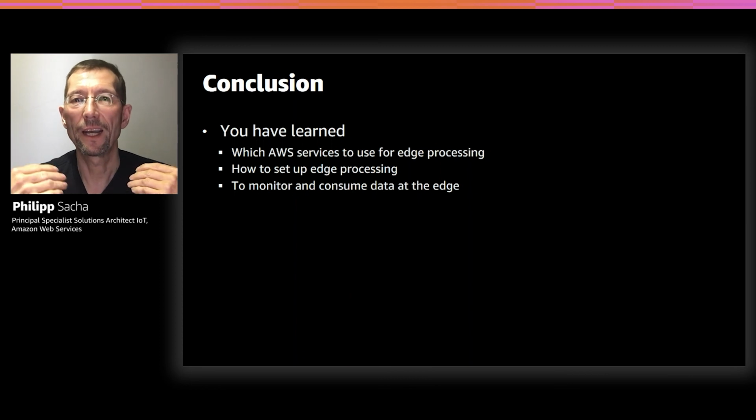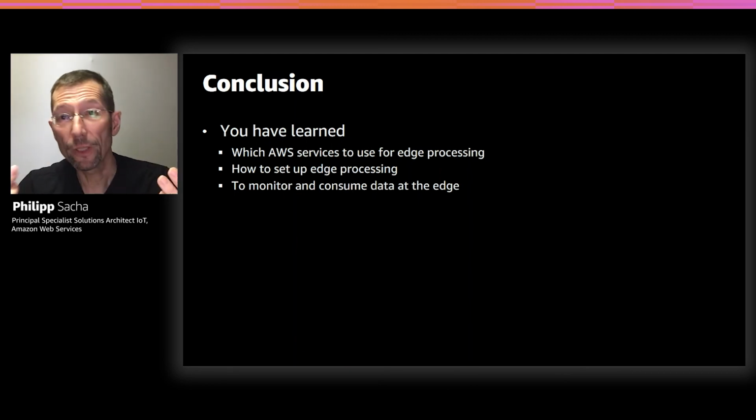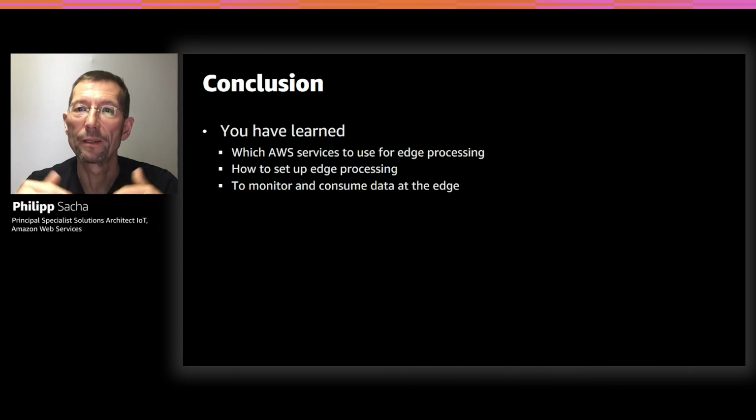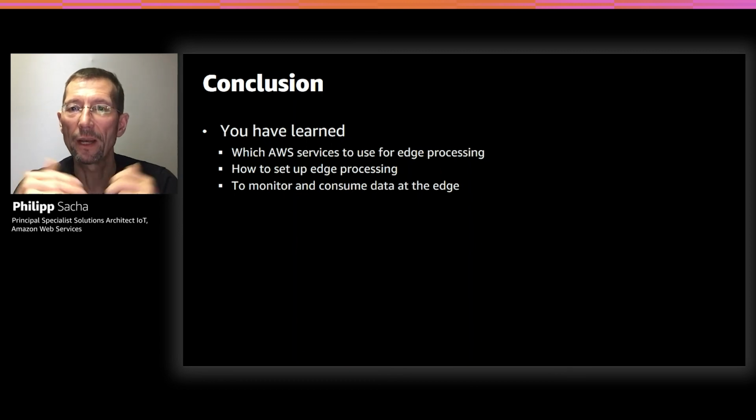And I hope you have learned in this session different data processing options, how to set up AWS IoT SiteWise at the edge, not only by the demo, but also by the architecture that I presented. And you have also learned how to visualize your data at the edge.